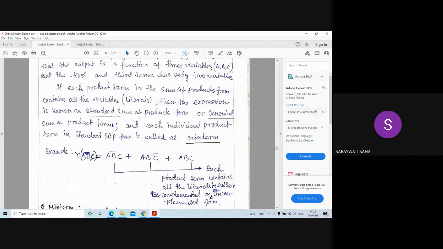When this condition arises, what will be the condition of the inputs A, B, C to get the output 1? Output will be 1 for this product term, this MinTerm. What will be the input conditions at that moment? Input conditions means what will be the input at the terminals A, B, C?